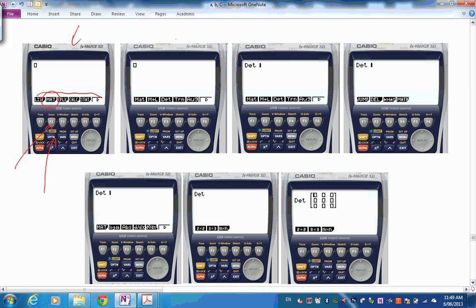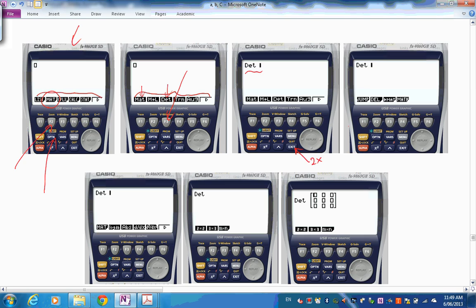And if we choose mat, at this stage, we're going to get these possibilities. That will recall a matrix from storage. We have various other items here, transform, augmented matrix, but we want the determinant, this one here, so we need to hit F3 and it brings up det. Now, we need to go right back to the original math run screen, so we have to hit exit twice.